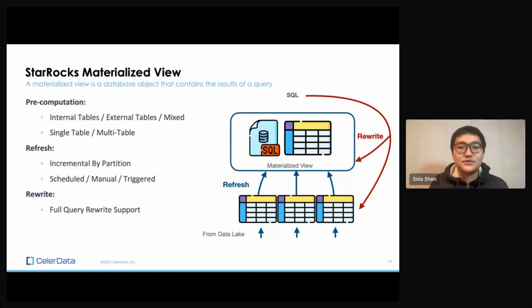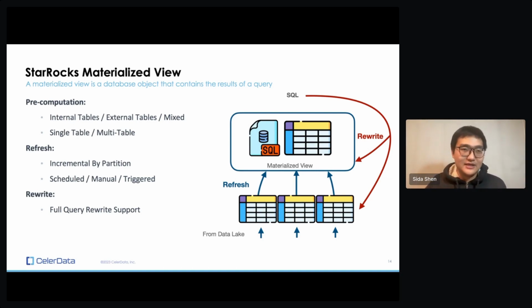And in StarRocks, a materialized view is just like a table. You create a materialized view, and the materialized view is a StarRocks table in StarRocks' own format, right? It supports pre-computation, so it can be built from an internal table or external table.